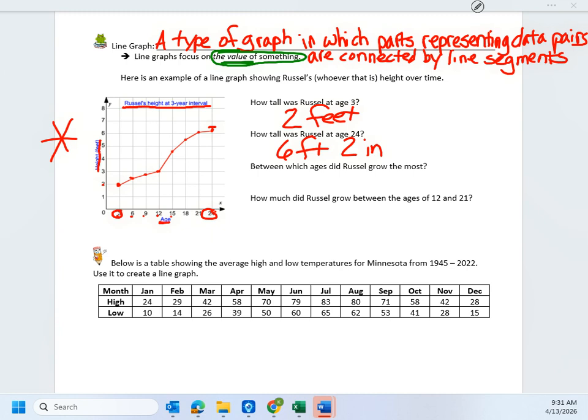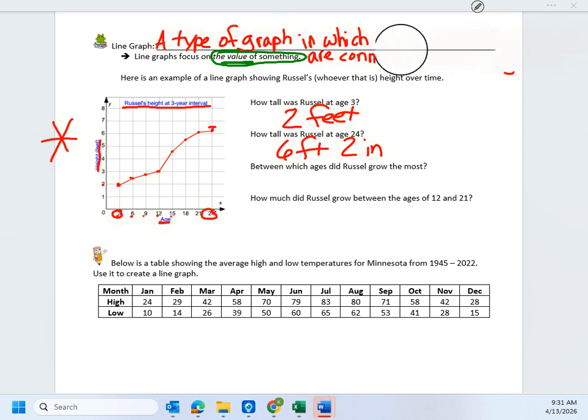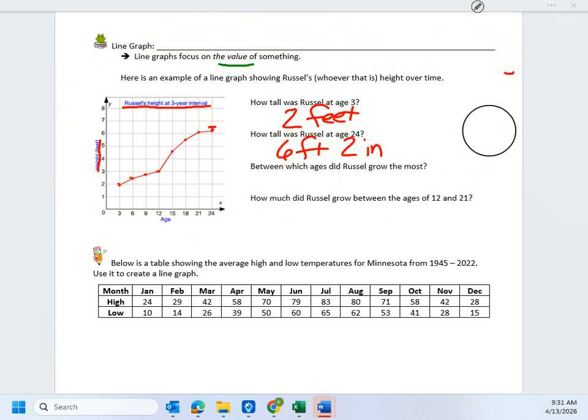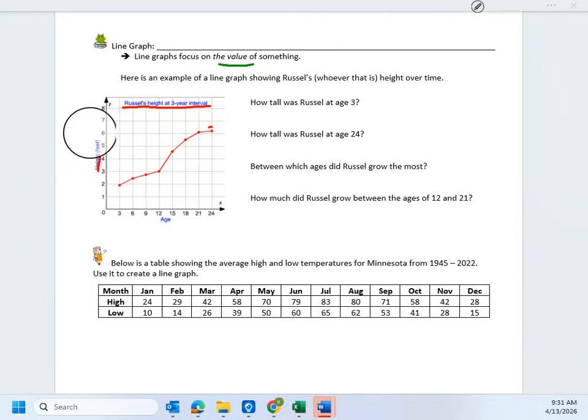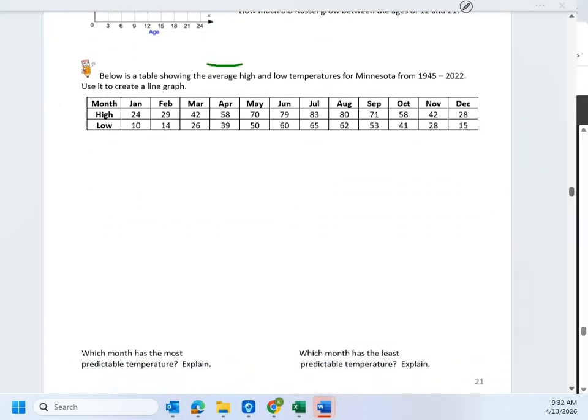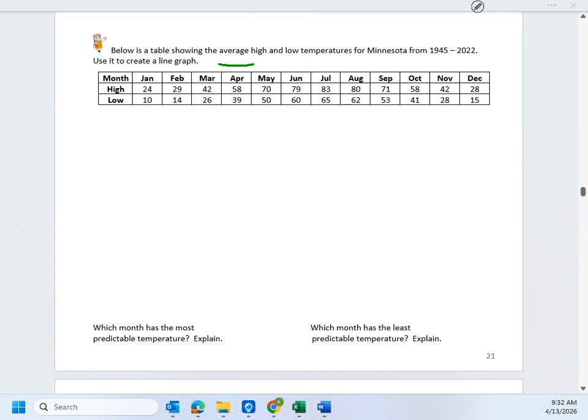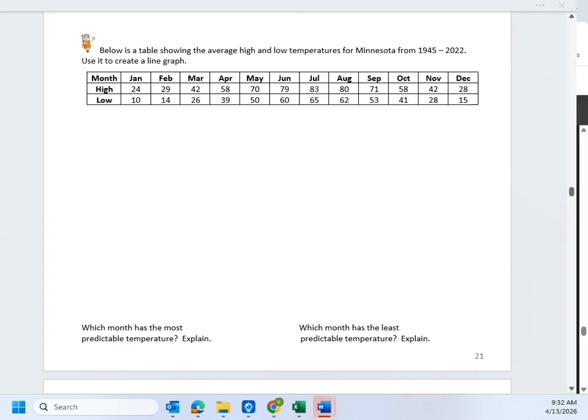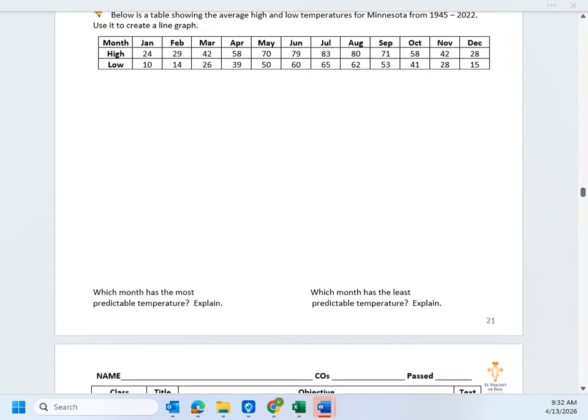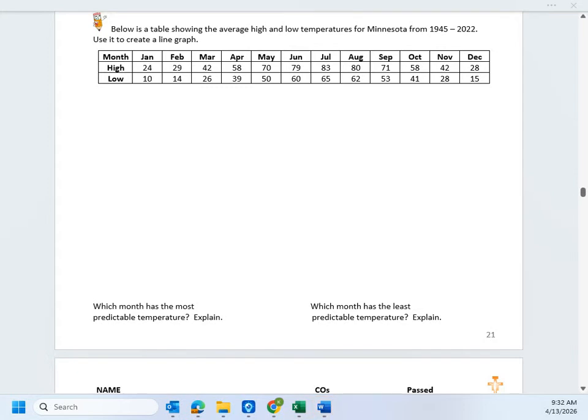What I want to show us how to do is this bottom part where we're going to be creating our own line graph. Now in our math packets, we've been focused on creating our own bar graphs. We're going to still label how we need to label things just like on our bar graph.